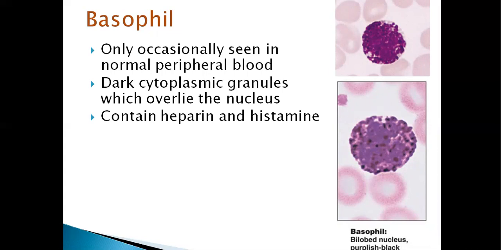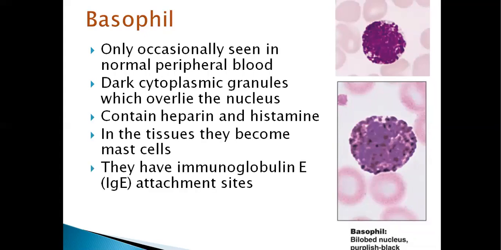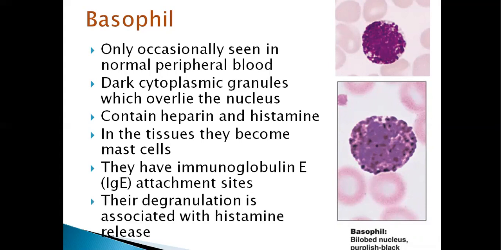And we have 2 receptors for histamine, H1 and H2 receptors. In the tissues, they become mast cells. They have immunoglobulin E attachment sites. Their degranulation is associated with histamine release.